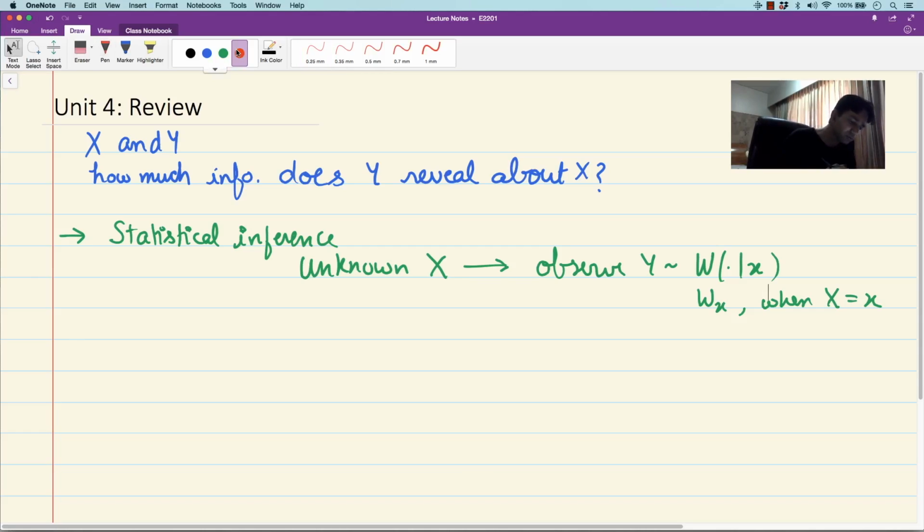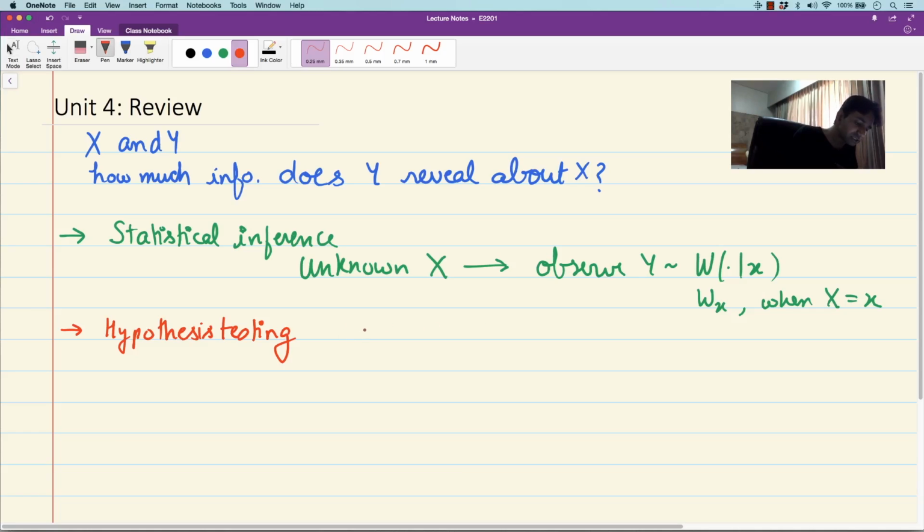Now there are various formulations which are popular in statistics. The first one is hypothesis testing, where different values of X correspond to your different hypotheses, and you want to look at Y and figure out which of the hypotheses is true.